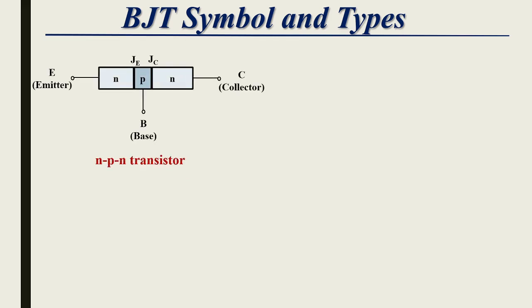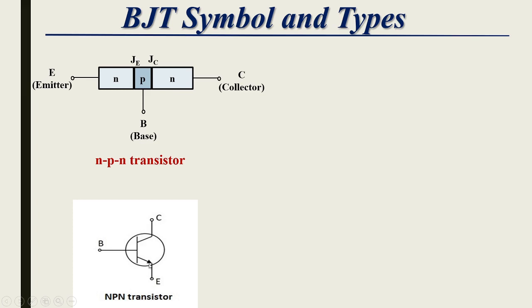Here is the NPN transistor, where two N-type material and one P-type material are used to construct it. Here is the symbol for NPN transistor. Here are the three terminals, that is base, collector and emitter.